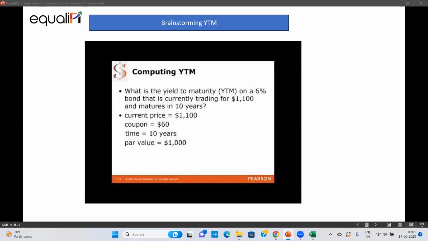N you have considered as 10 years. Since the coupon is 600, so it is 60. Time is 10 years. Par value is 1000. Current price is 1100. So YTM is 6%.